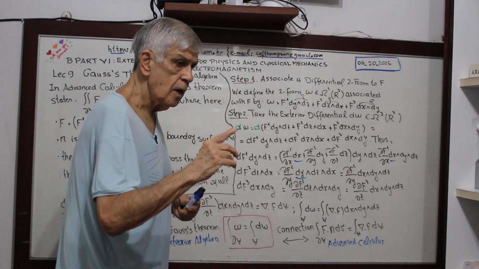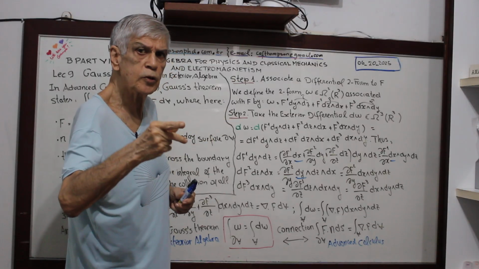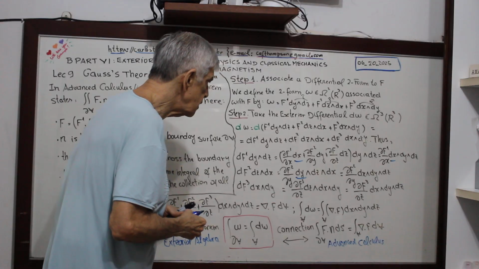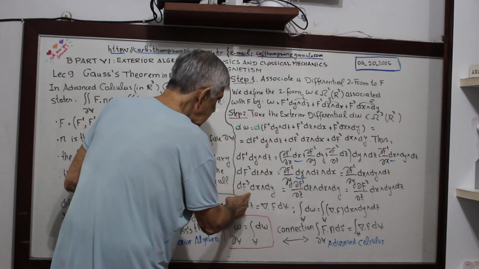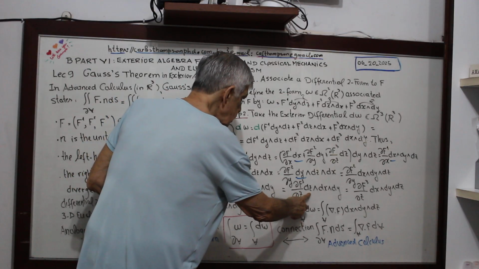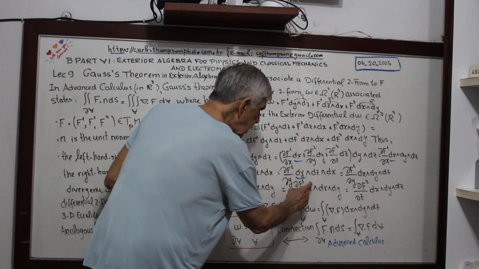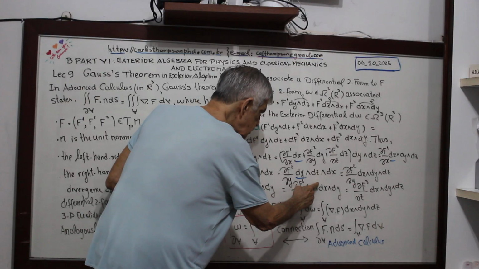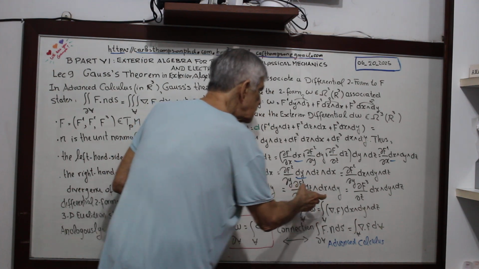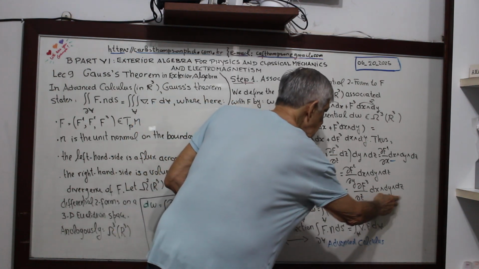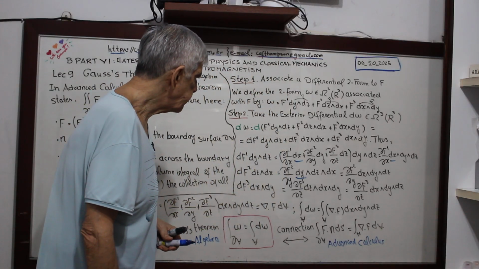One permutation changes the sign, but two permutations keep the sign the same. Likewise, for dF3 dx dy, you have dz dx dy. If I move once, it's minus; if I move twice, it's plus. So it's the same, dx dy dz. It's quite clear, there is no problem.